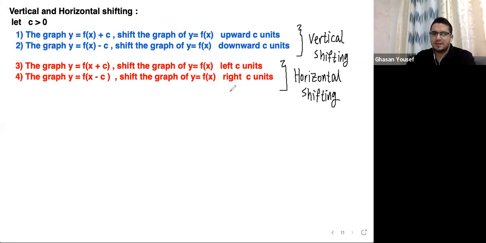Okay, is it clear, this one, the blue one and the red one? I'm going to explain it more by graphing. Suppose I have the graph of the function f of x like this.